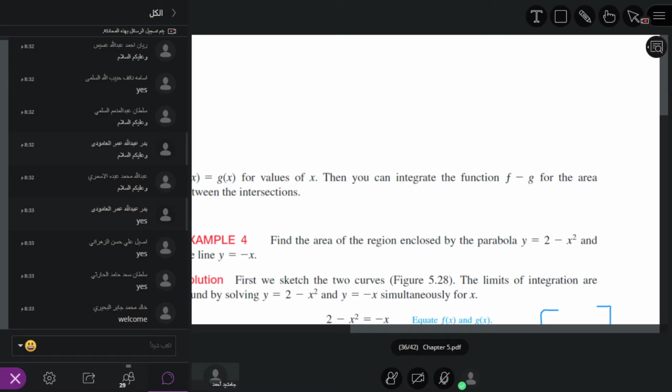So throughout this interval we conclude that 2 minus x square either has equal values to minus x, or this function has greater values.